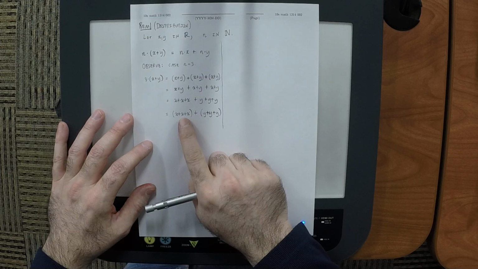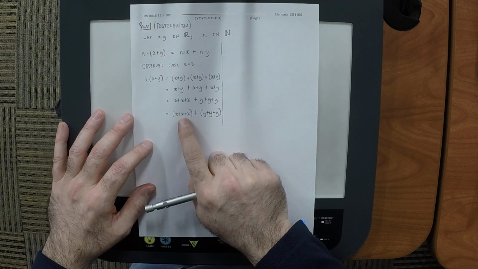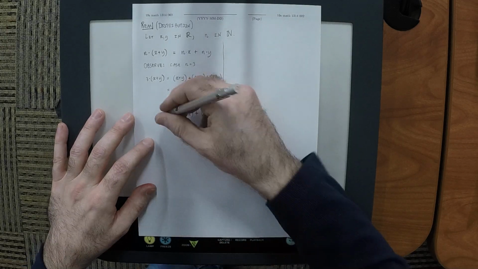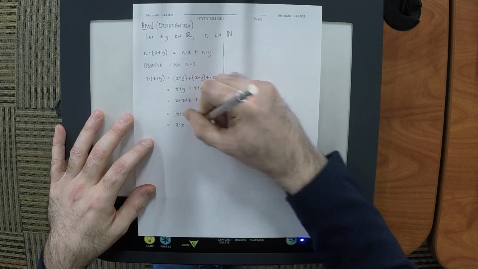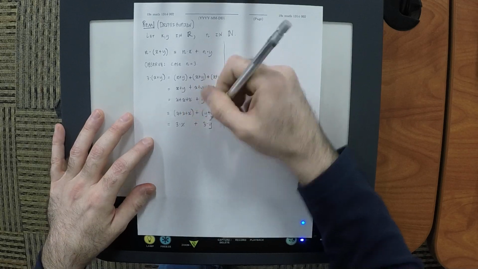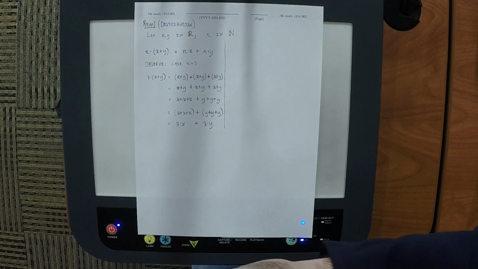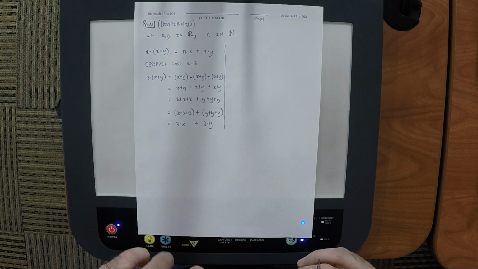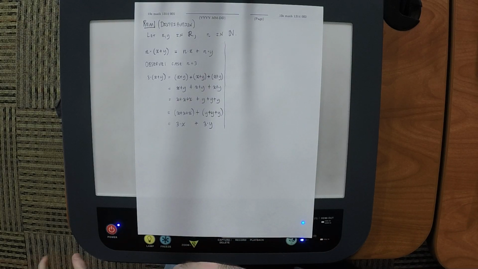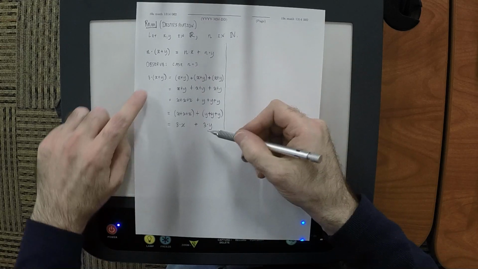Is there some shorter way? There is? What is it? 3x. 3 multiply x plus 3 multiply y, which is of course what you would get if you just now suddenly remembered, oh yeah, distribution of multiply over add is a thing. Right? So can you see it?